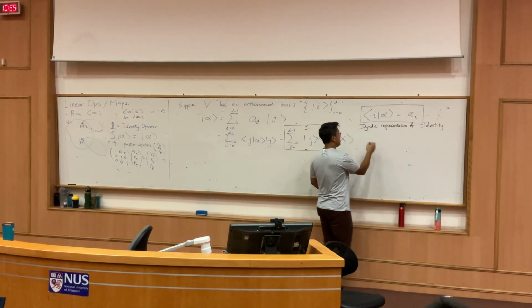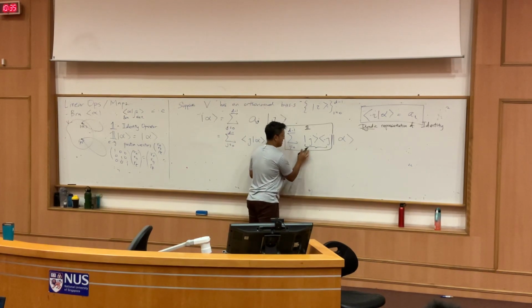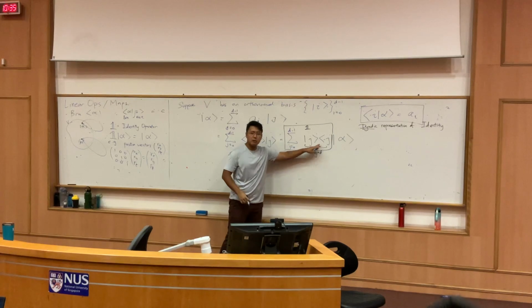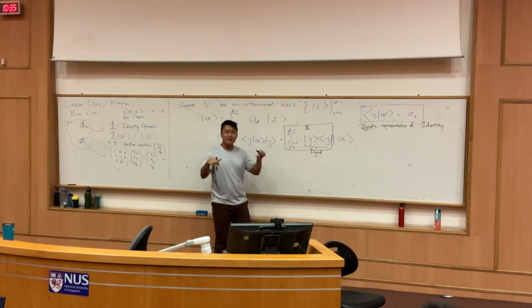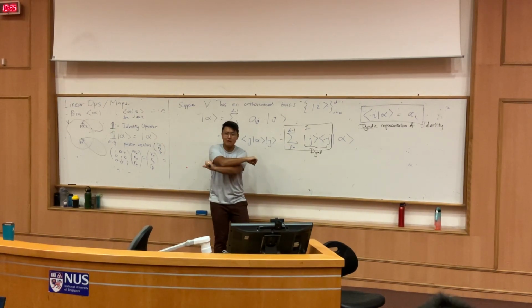A dyad is just two elements. So here, this is what is known as an outer product, as opposed to an inner product. Outer product, because the arrows are pointing the other way, so it points outward as opposed to an inner product.